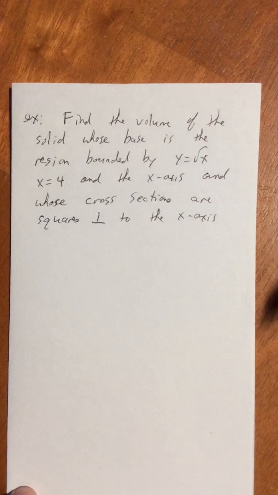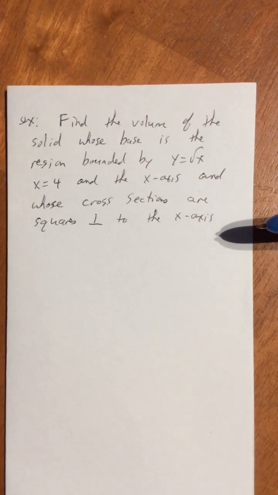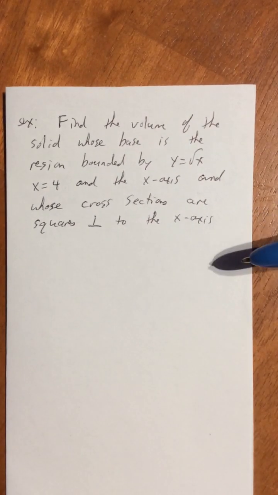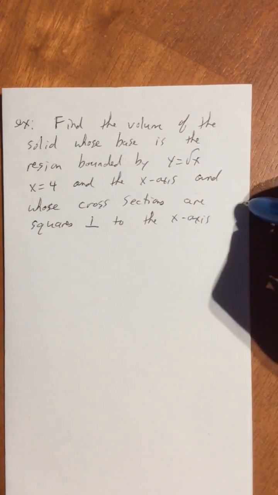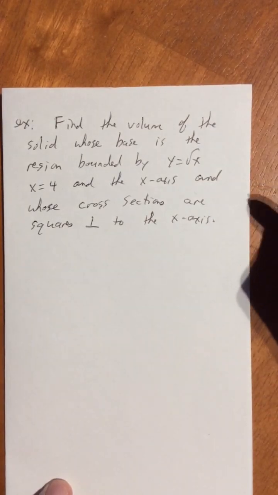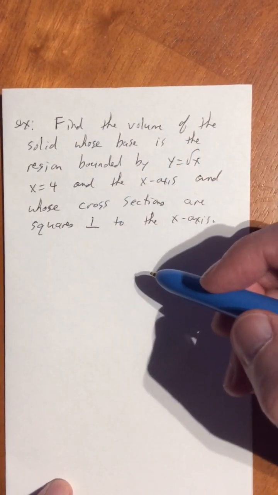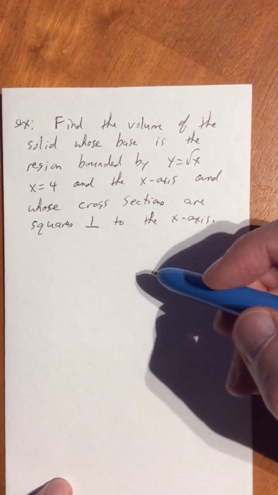So I want to pick up where I left off with today's lesson with the volumes of, excuse me, solids with known cross sections. And in the interest of saving some time, I did not write out this entire question in today's class.